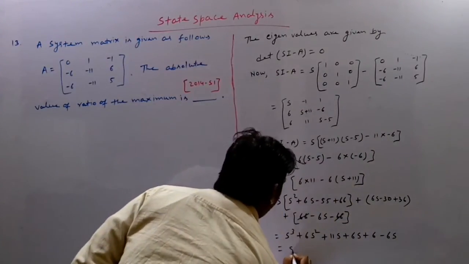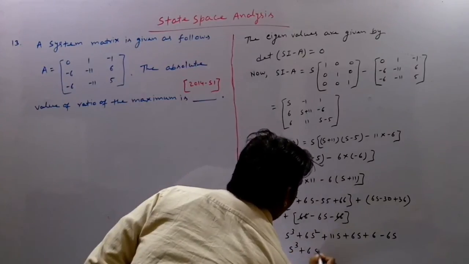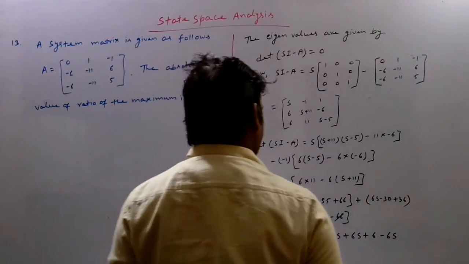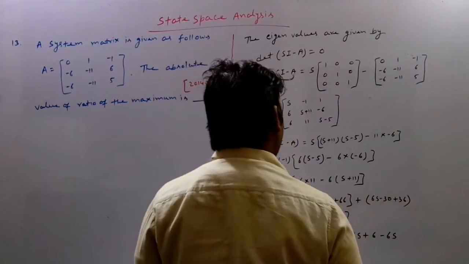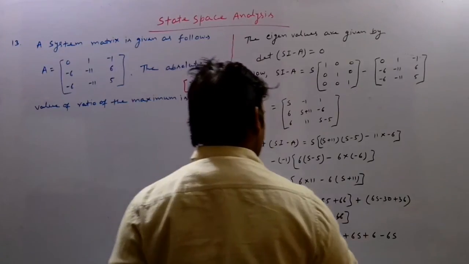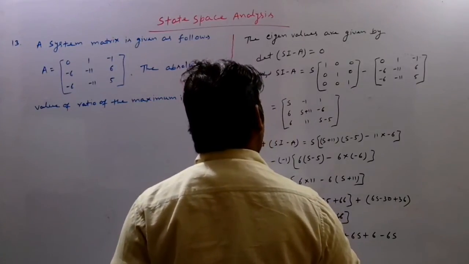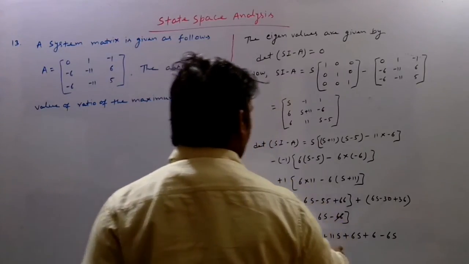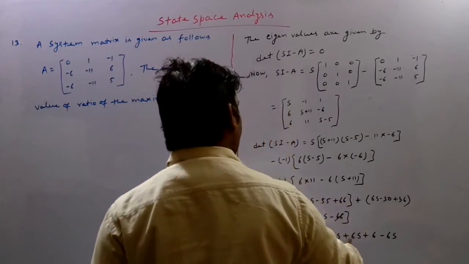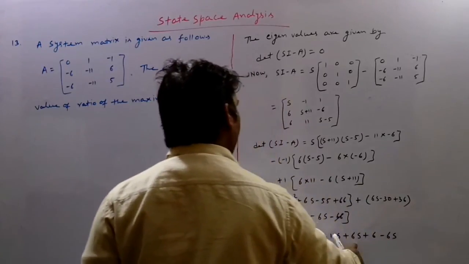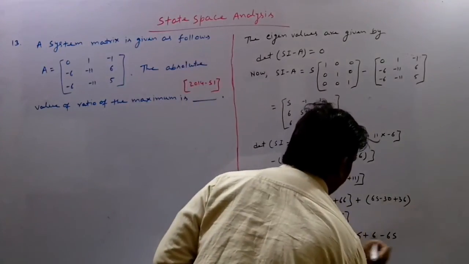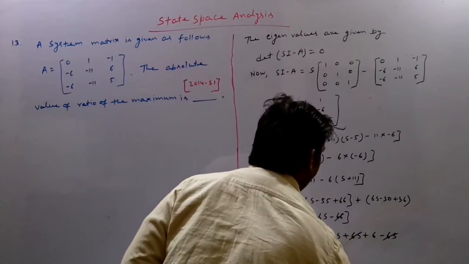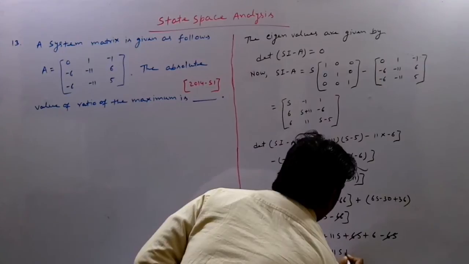So now s cube plus 6s square plus 5s, here we have got s square plus 6s, so here it is 6s plus 11s, again from here 6, so 11 and 6s will cancel out each other, so we have to write here 11s plus 6.